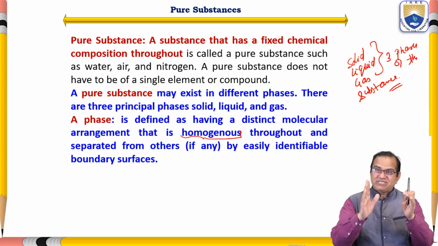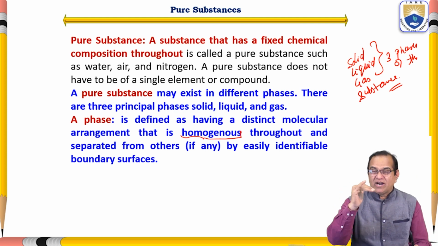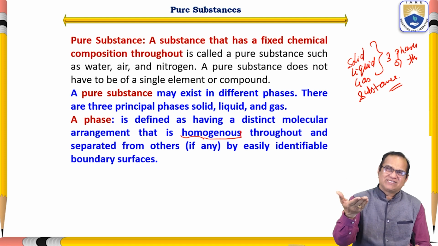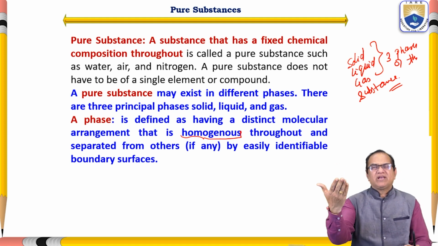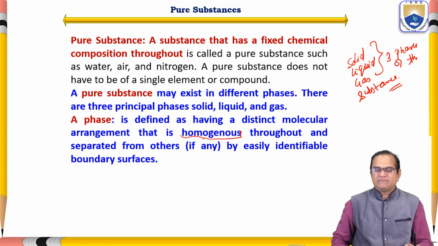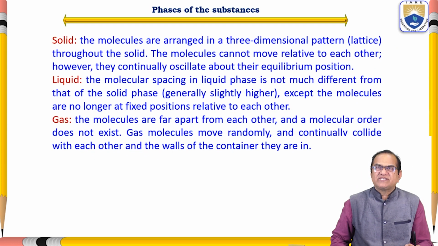So the boundary surfaces should be very clear, like water and ice. On top of water you can have ice, and if you boil it, it will become gas. But water and gas will be clearly visible. So that is the definition of the phase.